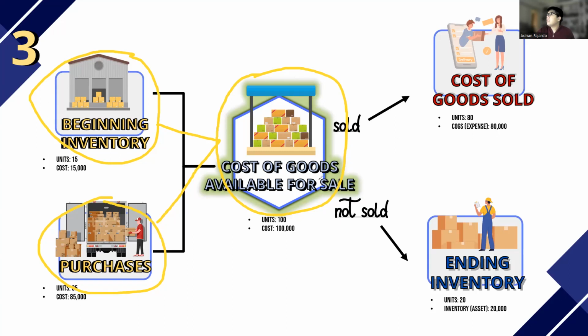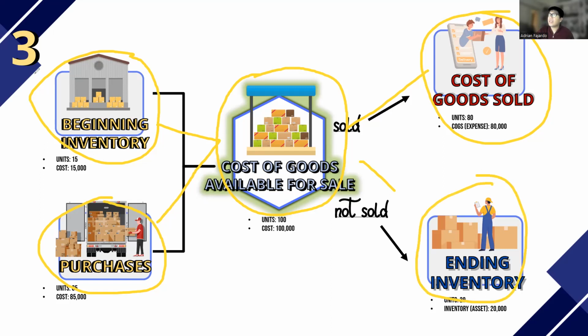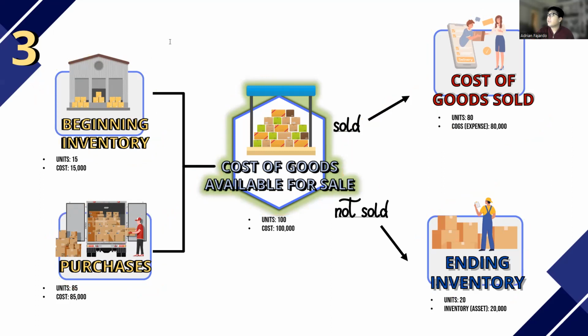Right? And in terms of cost of goods available for sale, dalawa lang naman yung mangyayari dyan. Either nabenta mo, so it will become cost of goods sold, or hindi nabenta, so ending inventory. So there are 2 equations that we can derive from this. What are the 2 equations? Number 1 is beginning inventory plus cost of goods purchased is equal to COGAS.